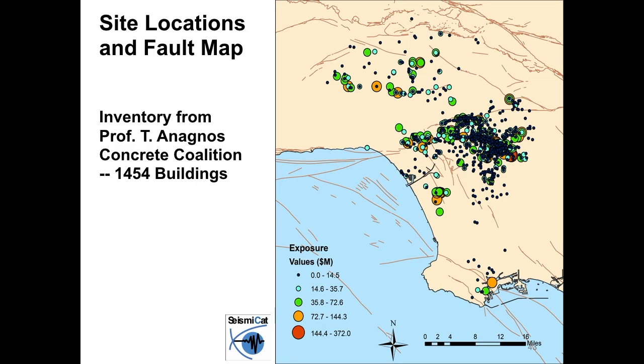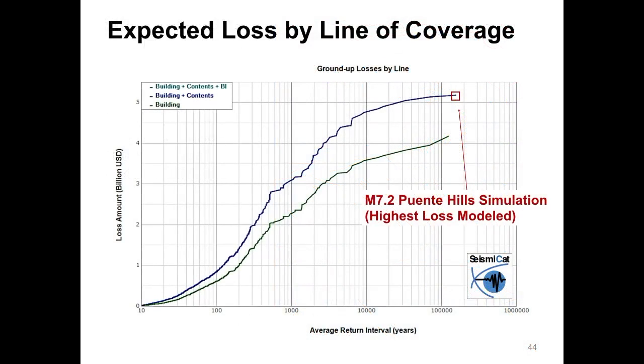And then with an event set that's drawn from the 2008 USGS, we constructed expected loss for the portfolio, and the highest modeled loss was a magnitude 7.2 Puente Hills fault simulation, and you can see that the risk curves can be constructed in a probabilistic sense from HAZUS for the portfolio.